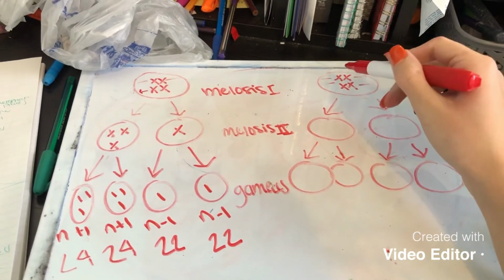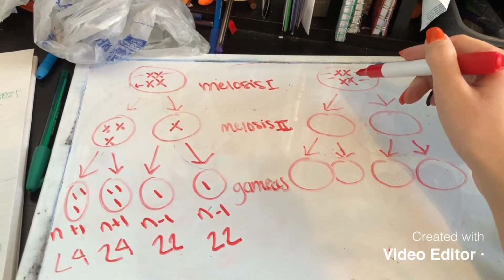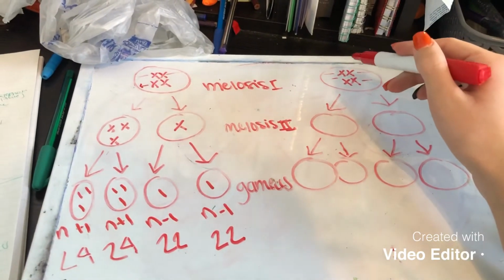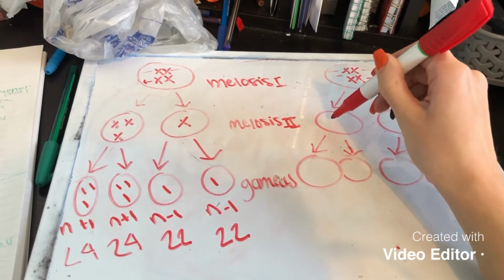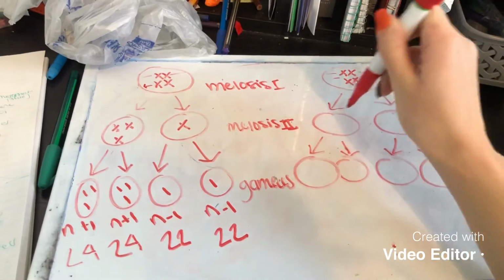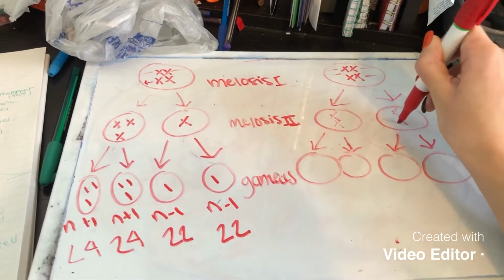In meiosis 1, we see that those chromosomes are lined up on the metaphase plate, and they're separated correctly. So here we actually see that there's an X here and a chromosome here.